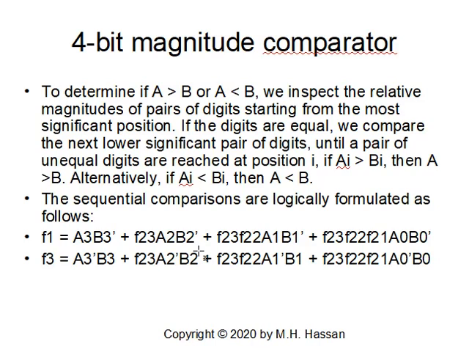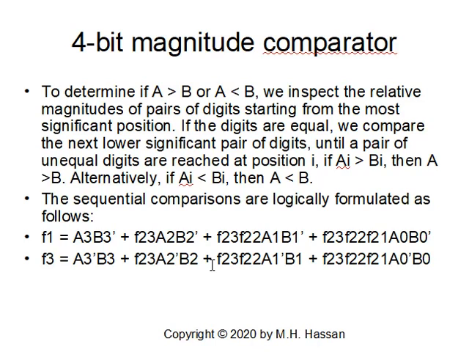But if both the most significant bit and the next bit are equal, it means F23 and F22 A1 B1 prime. And the next term will be, if the first three most significant positions are equal, it means F23, F22, and F21 are all ones, so we need A0 to be greater than B0. All this will satisfy F1, so logically we derived F1 without going to any truth table.